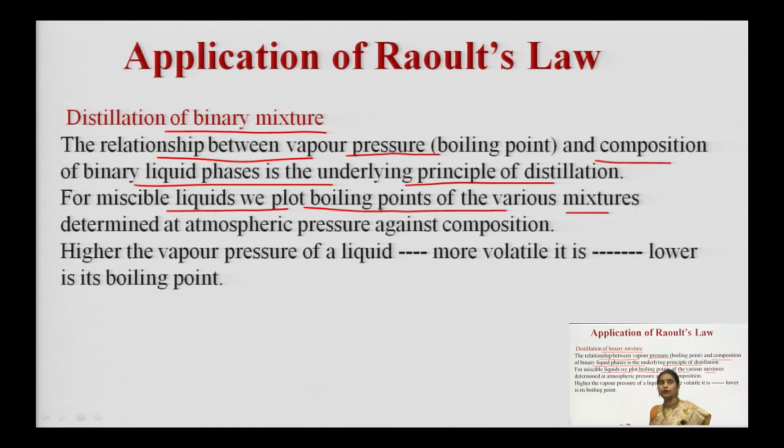In place of vapor pressure, we use boiling point and composition of the binary liquid phases to plot the graph and do distillation. And here we know that a substance which has higher vapor pressure is more volatile, and it means that it has a low boiling point.